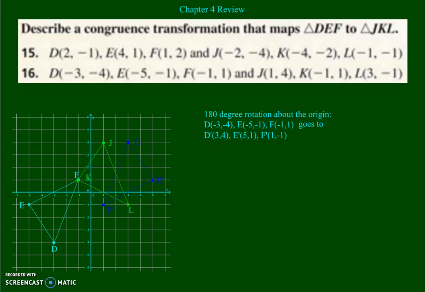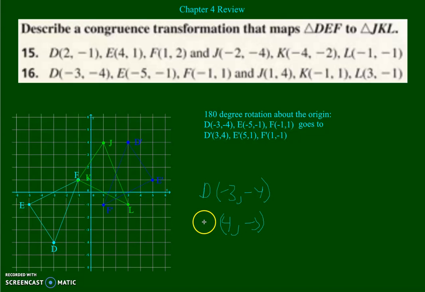We have (-3, -4). The transformation for 180 degree rotation about the origin is (x, y) goes to (-y, x). So it's (4, -3).